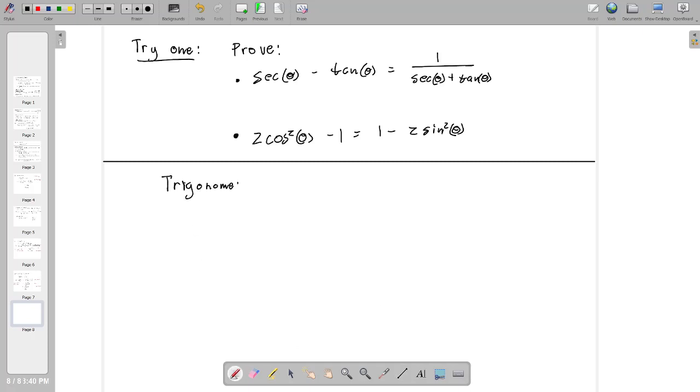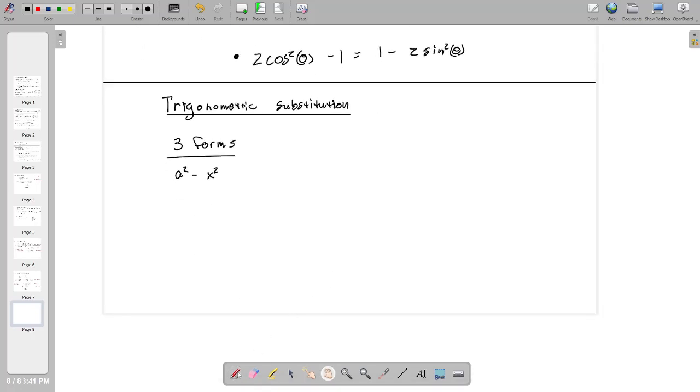Next thing I want to talk about is trig substitution. Now, I'm going to note here, there are 3 forms of trig substitution. Specifically, a squared minus x squared. A lot of times a squared will just be 1, so just keep that in mind. Then x squared minus a squared and a squared plus x squared.